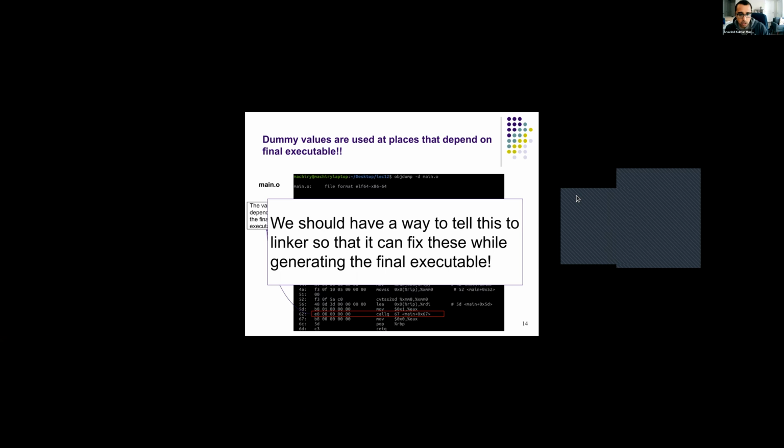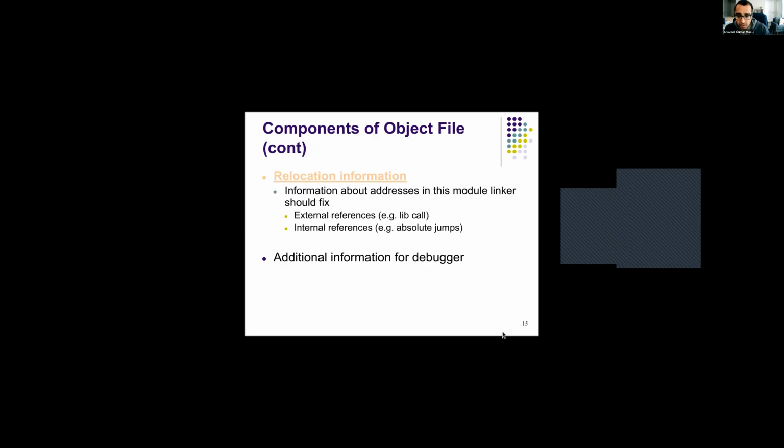To facilitate this, we have another piece of information called relocation information in each object file. Relocation information is a hint for the linker, so that the linker can use it to modify the values to the correct values.